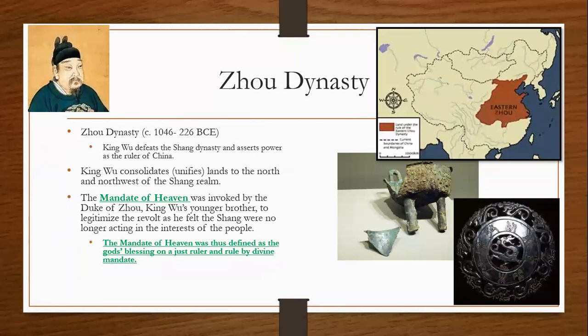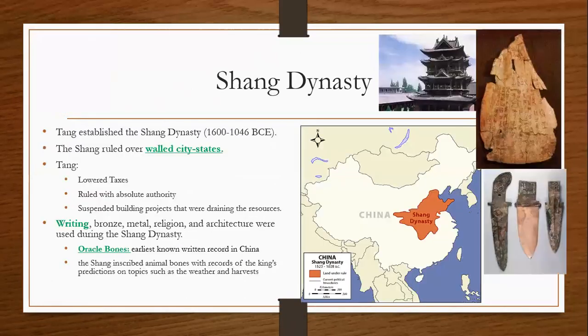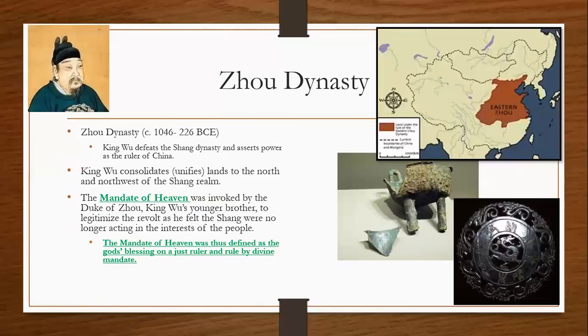All right, eventually they're going to give way to the Zhou Dynasty. We're going to see them take over the Shang territory and expand it further north. And they are going to have what is called the Mandate of Heaven, which is an interesting idea.